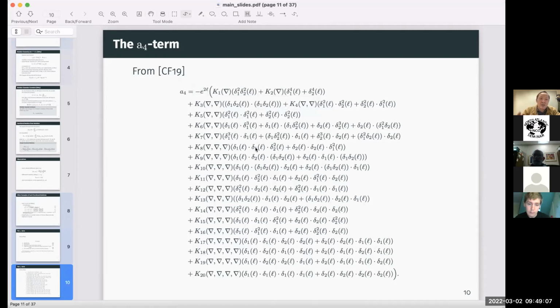Basically it's a differential expression, because since we're in this operator theoretical setting, we have to deal with these rearrangement operators as coefficients. By the way, another remark is that this rearrangement operator is not strictly necessary, but to my understanding this is the optimal way to organize the terms.